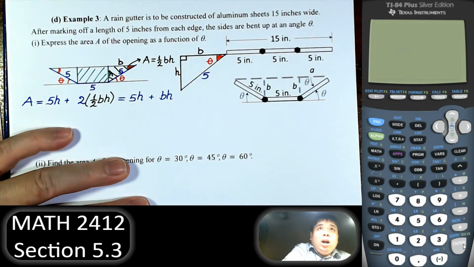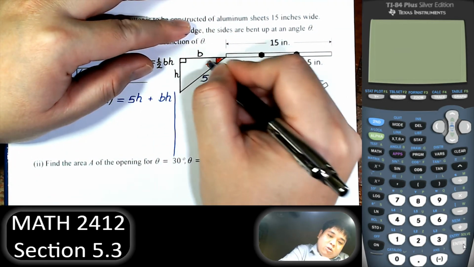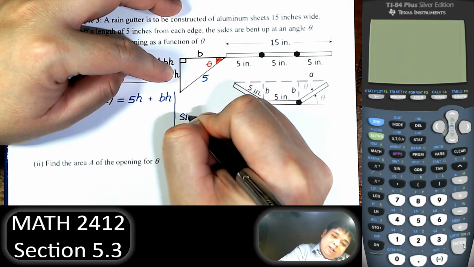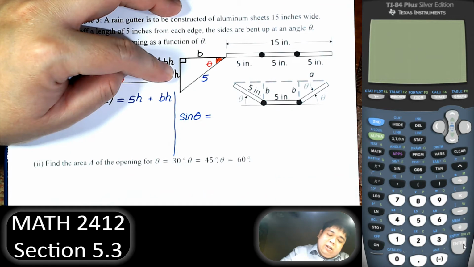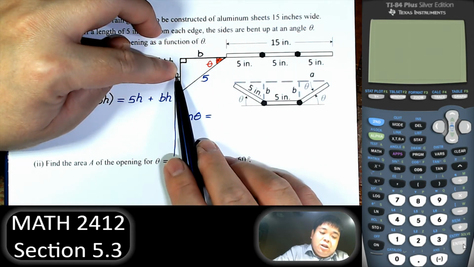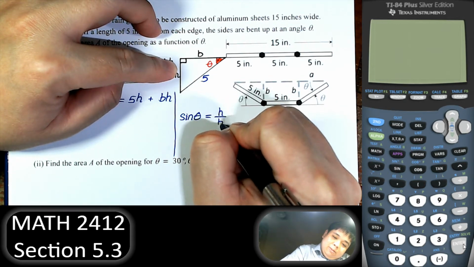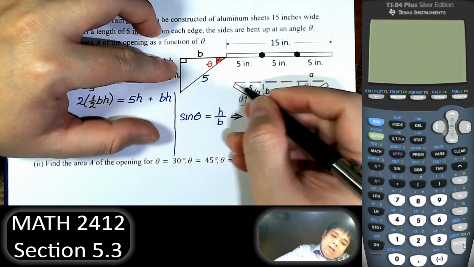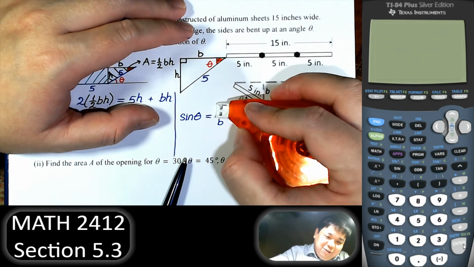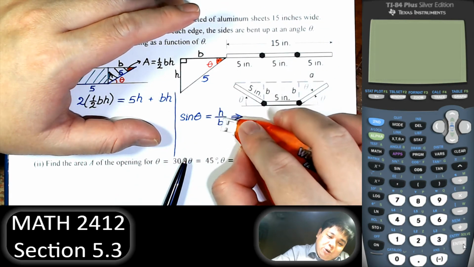Now, with this triangle, with respect to angle theta, sine of theta is opposite over hypotenuse. So we can say hypotenuse is 5, sorry. Opposite is h over hypotenuse.